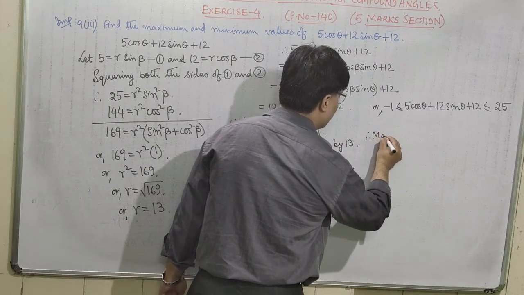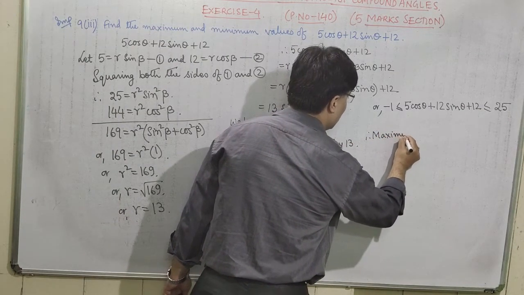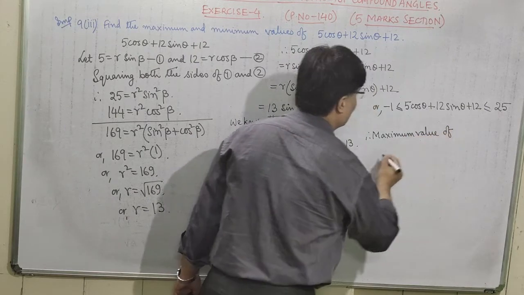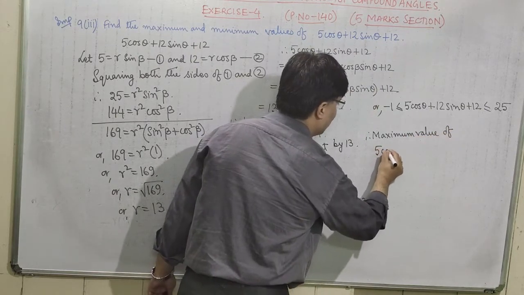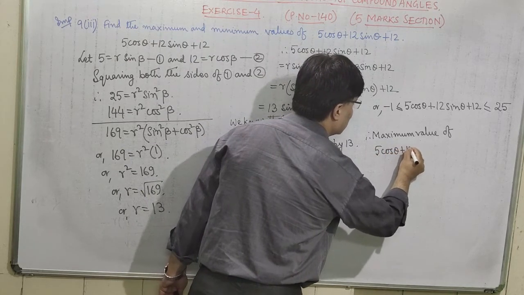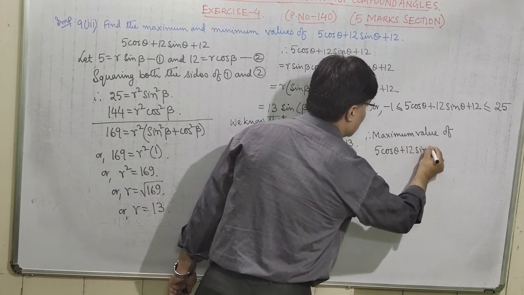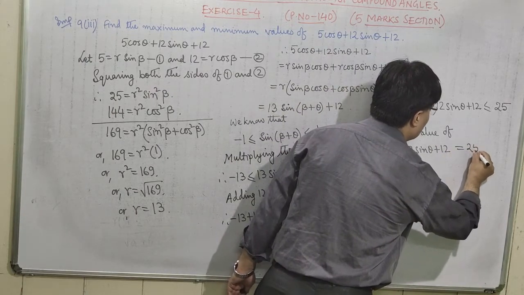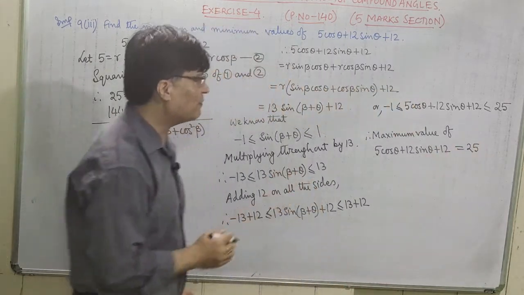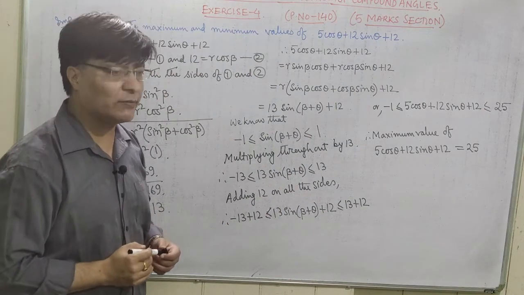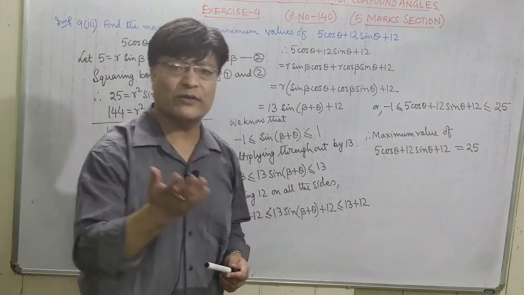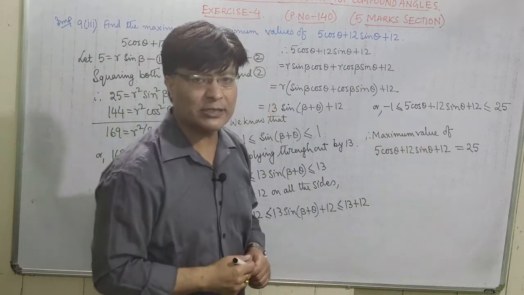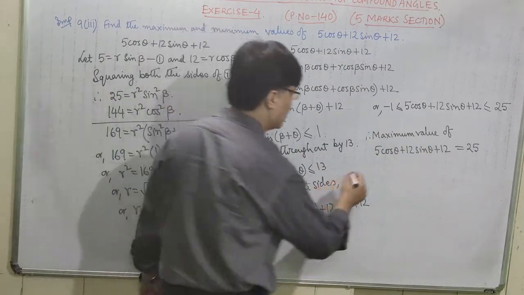So therefore, maximum value of 5 cos theta plus 12 sin theta plus 12 is equal to what? It is 25. That is, the value lies within -1 and 25. That means the maximum value is 25. And what is the minimum value of the expression? It is -1. Okay.